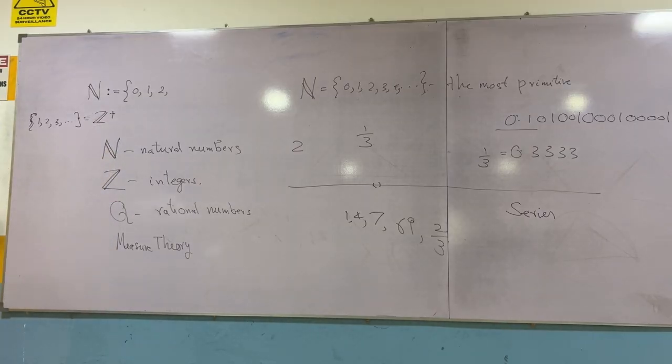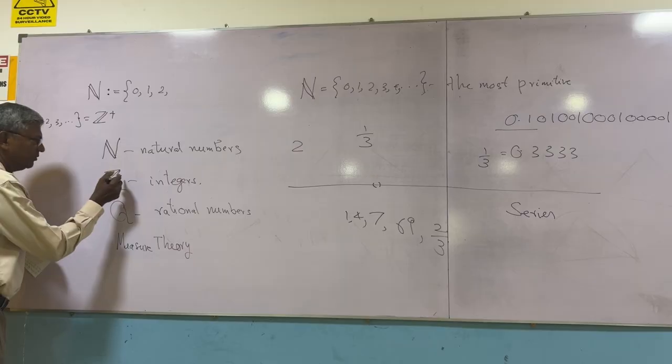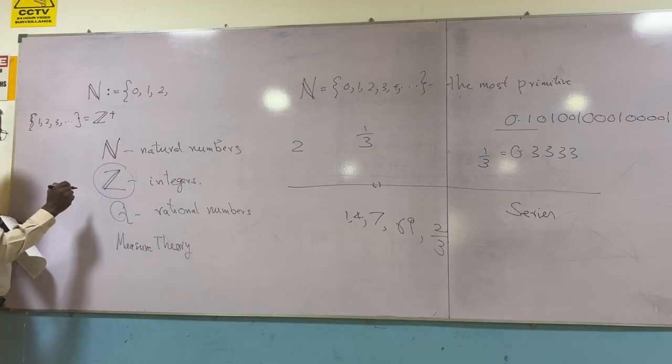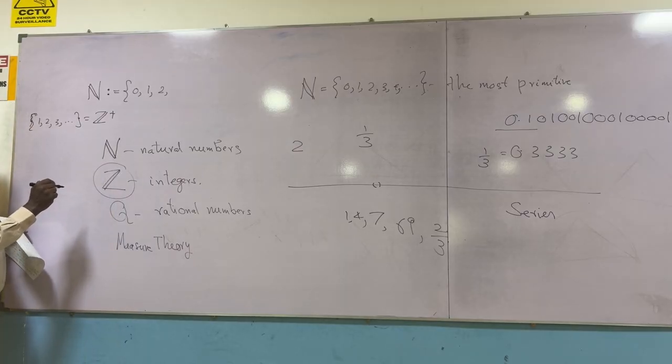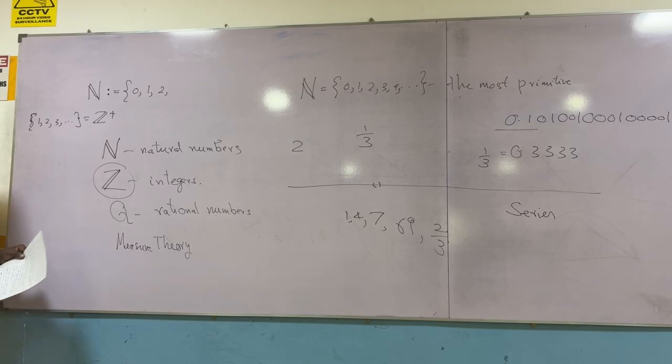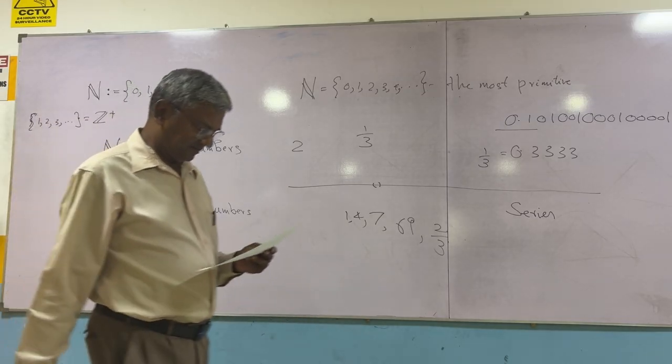Natural numbers are sometimes also known as whole numbers. In other books, these are whole numbers. But in his case, natural numbers are whole numbers.